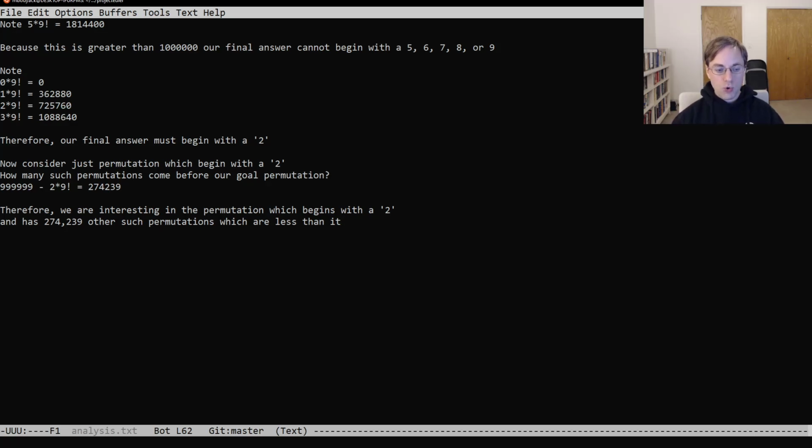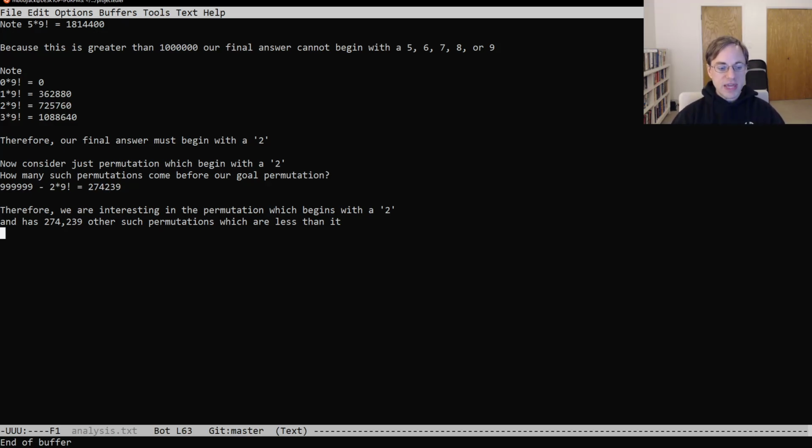Now we're looking at only permutations which start with a 2, and we're trying to find the 274,240th such permutation.